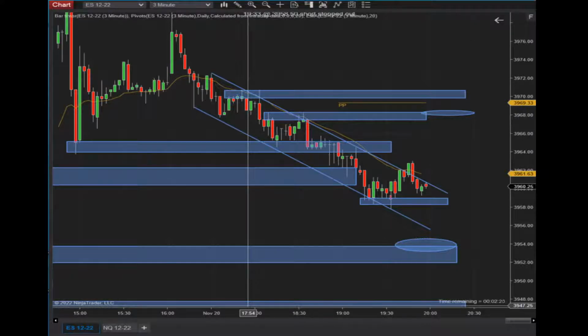Usually the volume and volatility pick up around 10. But right now the Asian markets are live, like Japan and I think China. Those markets are open for their day sessions. So that's what drives a lot of this price here.